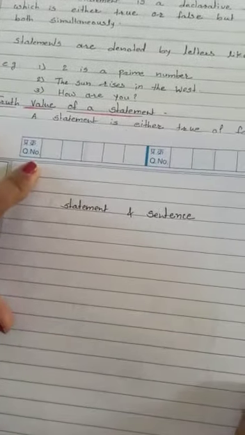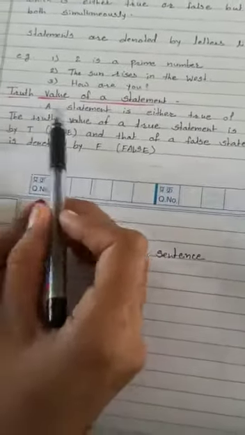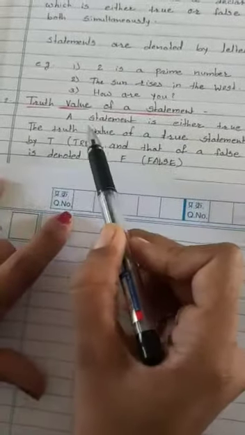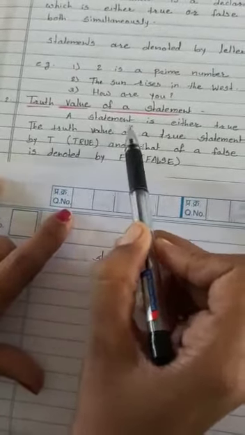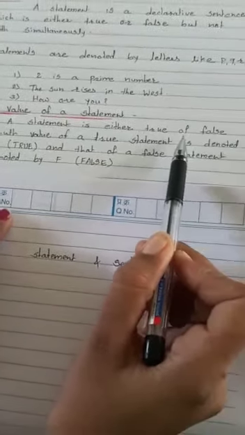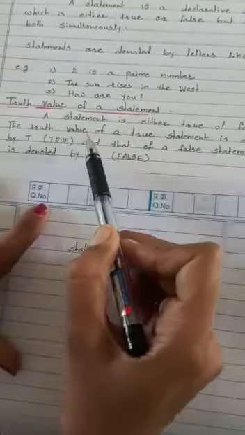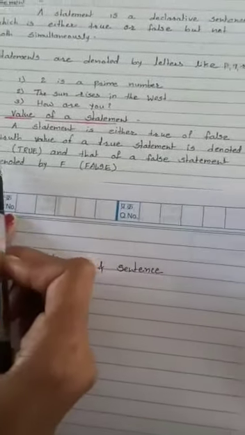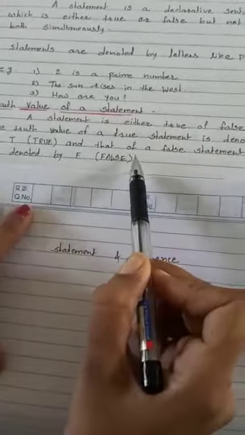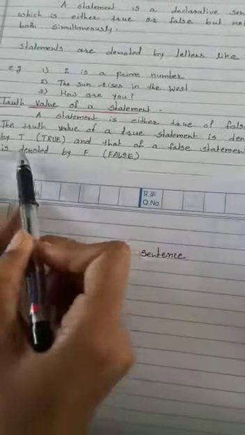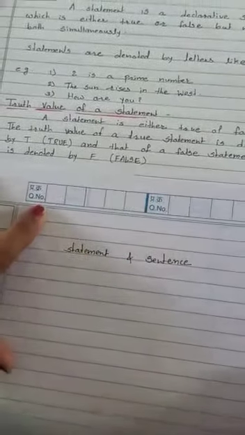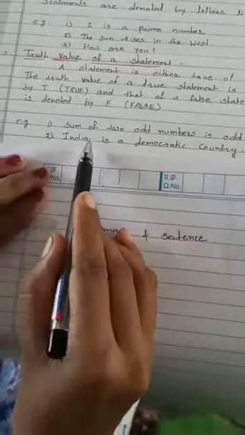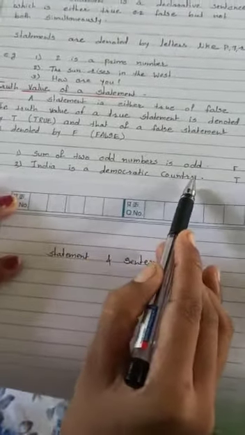Now the second point, truth value of a statement. We know that a statement is either true or false. The truth value of true statement is denoted by capital T and the truth value of false statement is denoted by capital F. For example, sum of two odd numbers is odd.